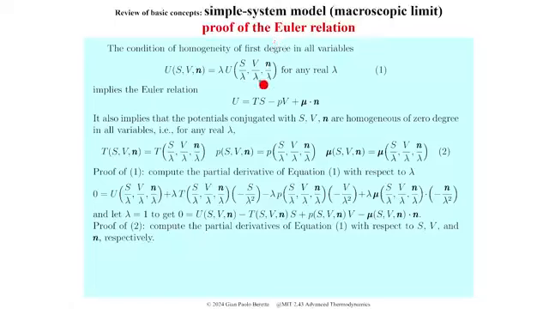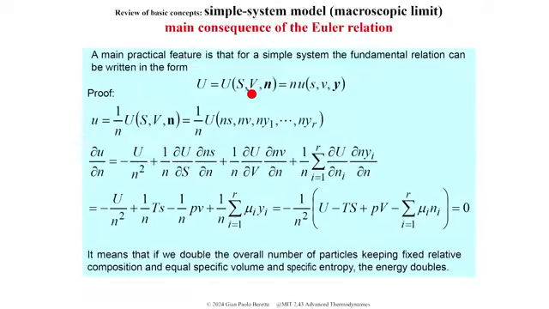Okay. So that's the Euler relation. And we have proved that thanks to the Euler relation, we can define specific properties, which, for example, specific energy is the energy divided by N, and then we can see how this specific property is a function of the other specific properties, so specific entropy, specific volume, and the mole fractions, which are the specific amounts of constituents.